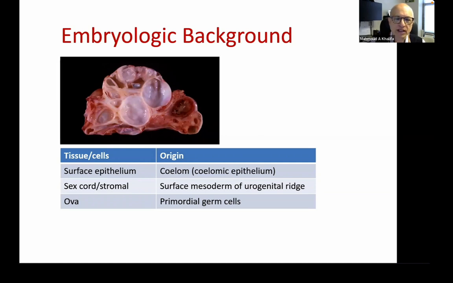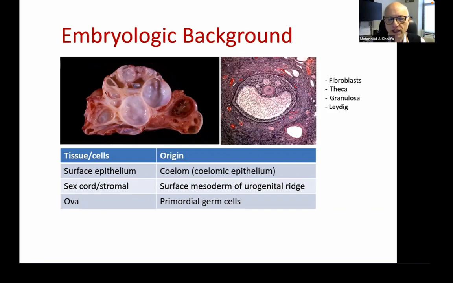The cells of the sex cord penetrate into the genitourinary ridge of the embryo and form the stroma of the ovary or of the testicle, the gonad.